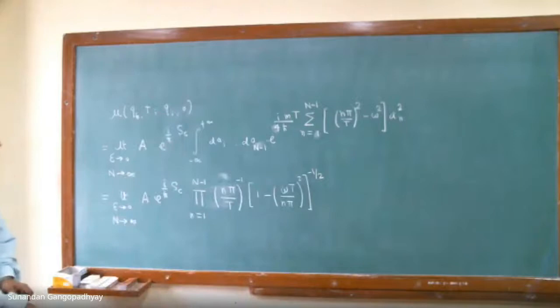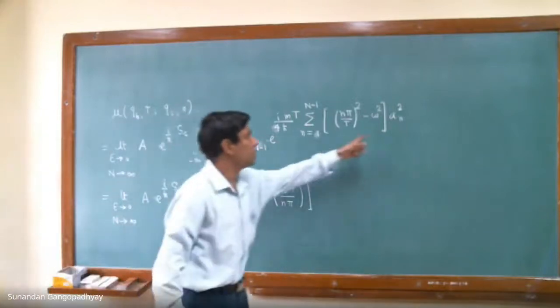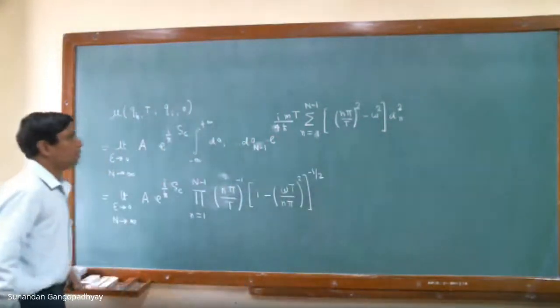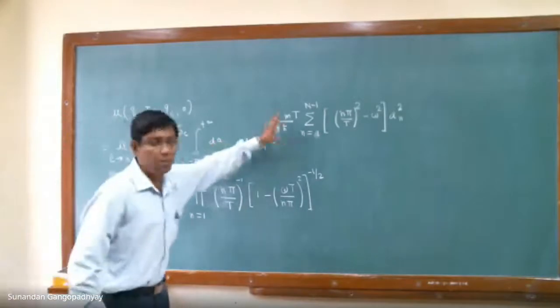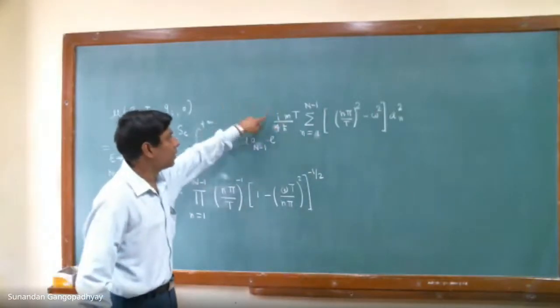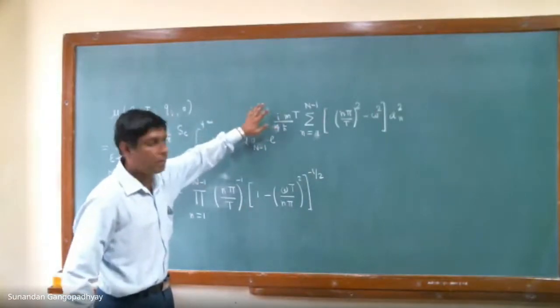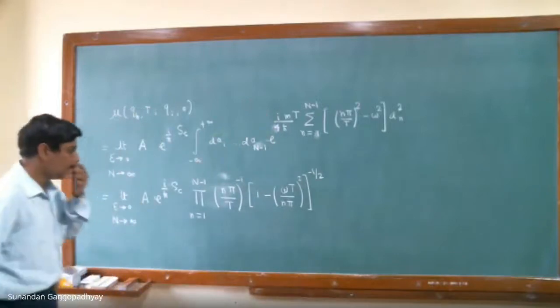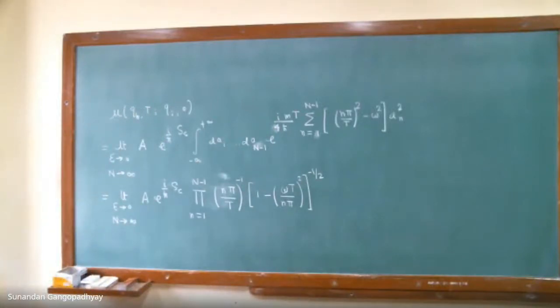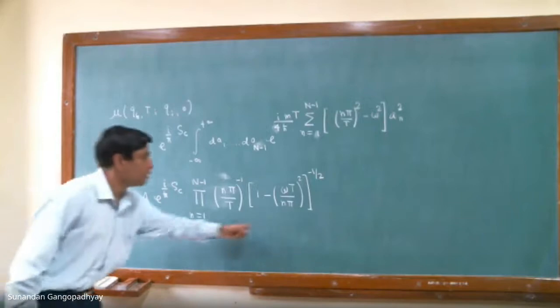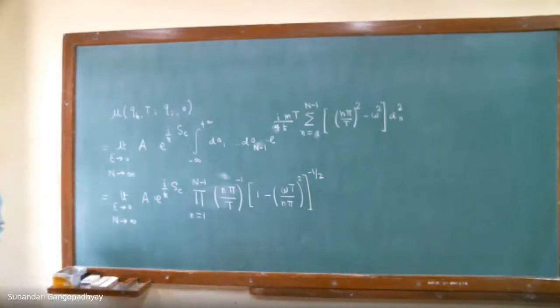So after doing these quadratic integrals, which are very similar to Gaussian integrals excepting this factor of i, but we have learned how to do these kind of integrals in an earlier lecture, your result will be this. So in the last class we landed up at this result.